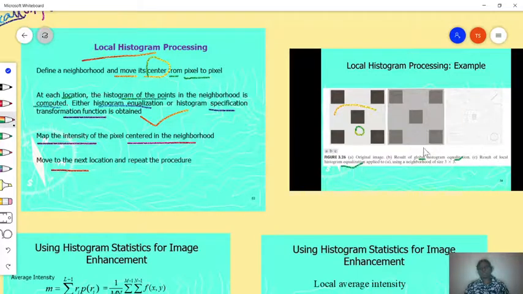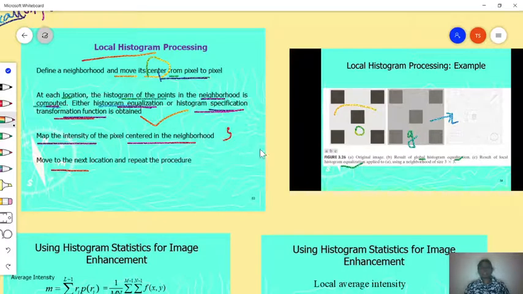This is the global histogram equalization which we discussed previously, and now upon this we applied the local histogram processing. Means we selected the center and moved the center from pixel to pixel and collected the neighborhood pixels and then computed by using either histogram equalization or the specification transformation functions.